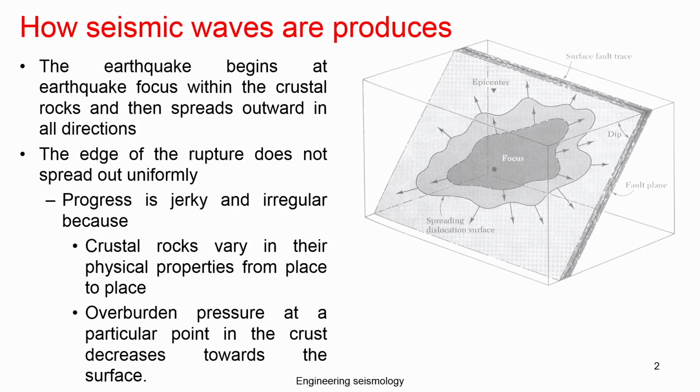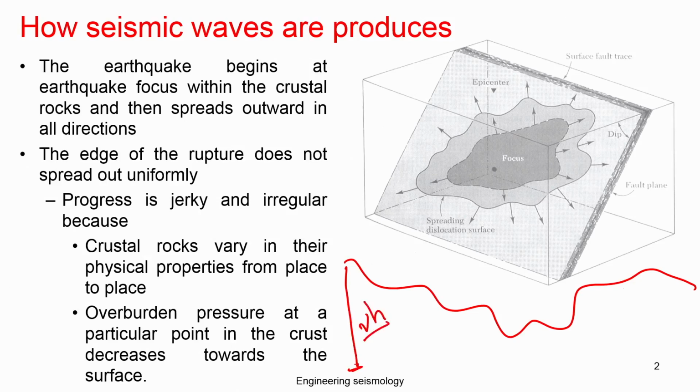Apart from the rock material, another factor which controls or stops this propagation is the overburden pressure at that particular location. The earth surface has valleys, ridges and so on, so at each location the pressure we expect is a function of the unit weight and the thickness of the material there. This is called overburden pressure. I am explaining in very simple terms, but civil engineers who have studied BTech in civil may understand this in detail. The overburden pressure changes differently at different places, and this also contributes to stopping the wave propagation.